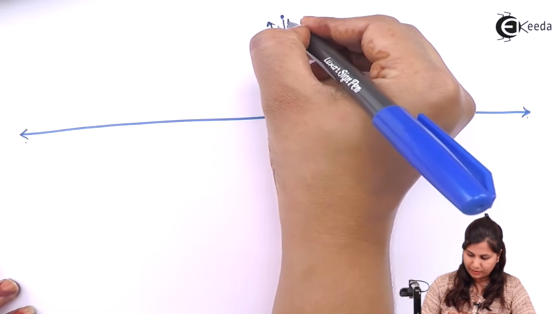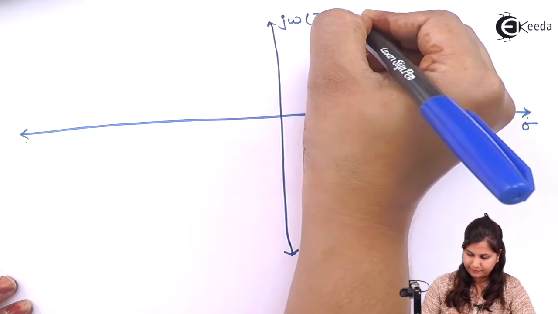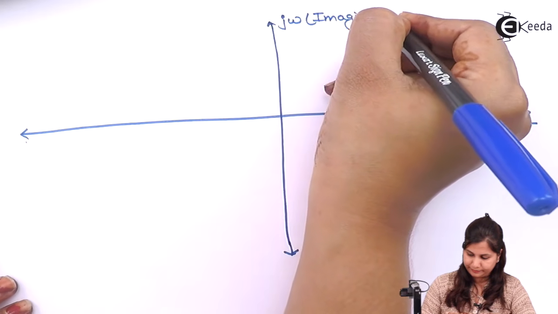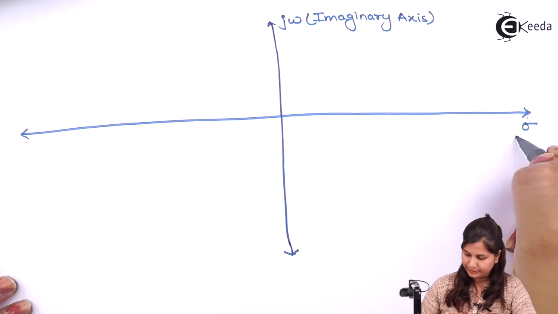This is j omega and this is sigma, imaginary axis. And this is the real axis.